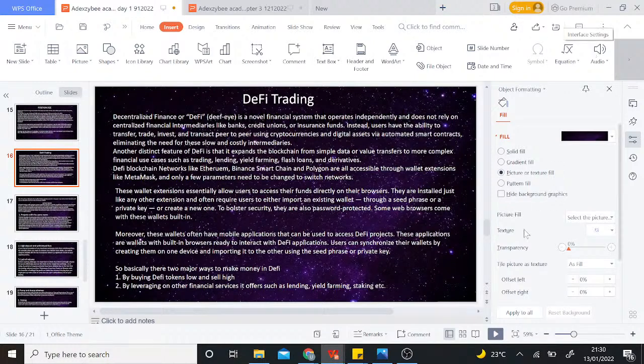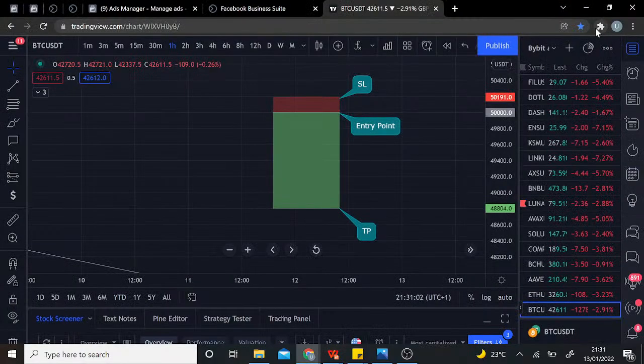You can add the extension on the browser, or download the app on your system or your phone. Those are the two ways to do it. You understand?